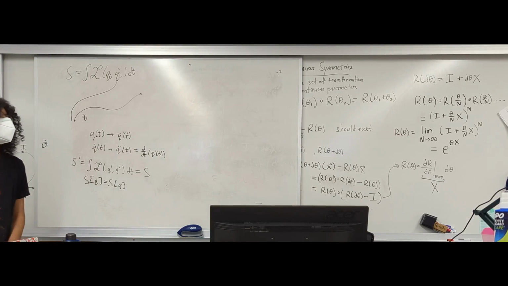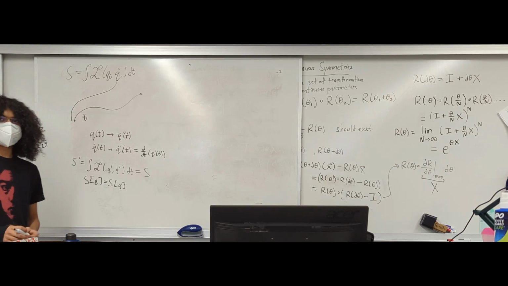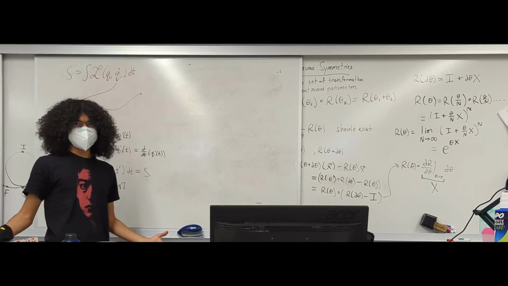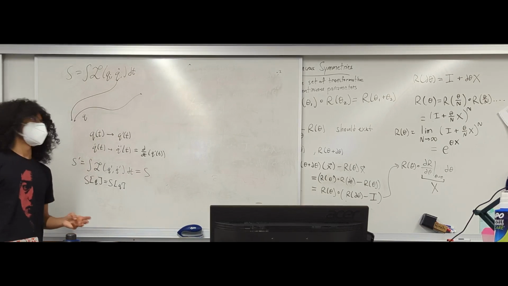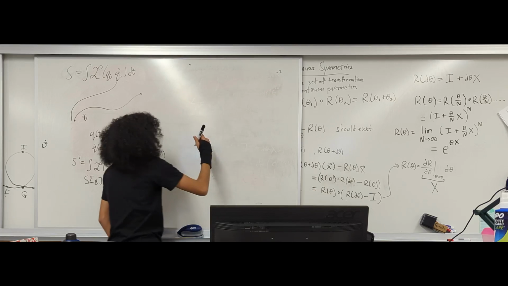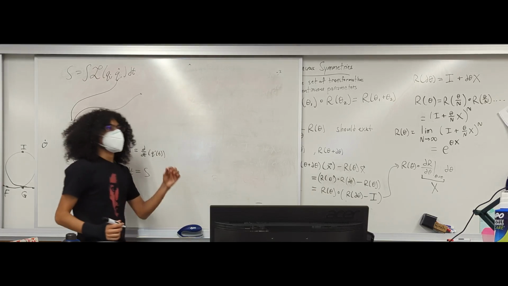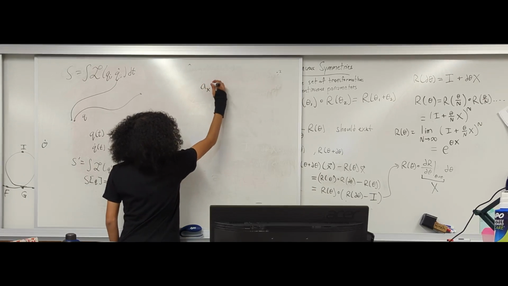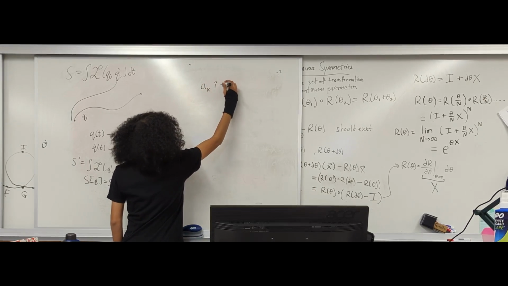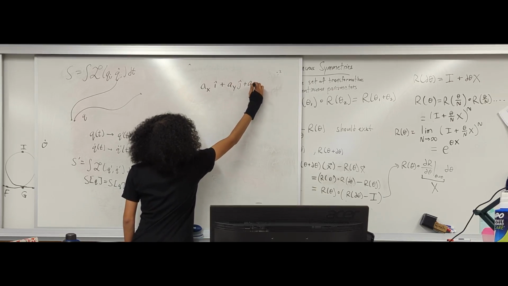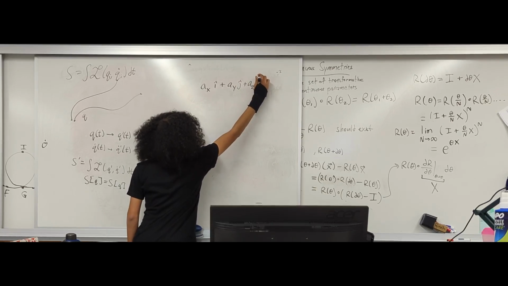The simplest one is that if your action or Lagrangian, whatever, is invariant under 3D translations, then you have 3 parameters. You can think of that translation as a vector. You can translate by some amount in the x direction, translate by some amount in the y direction, and translate by some amount in the z direction.